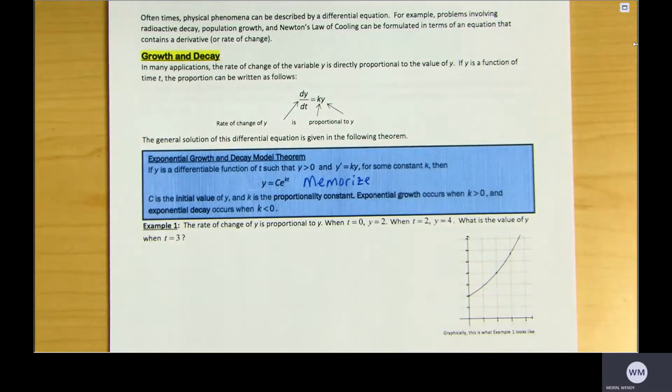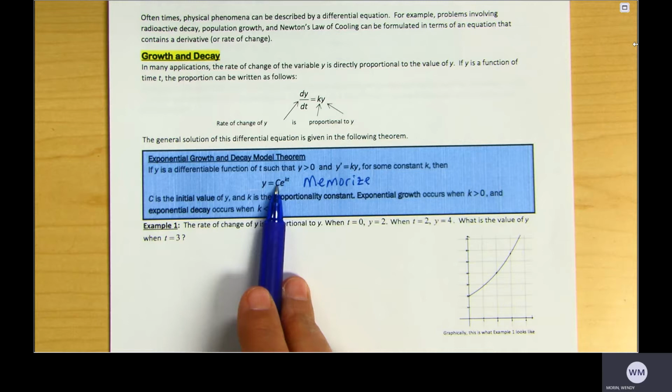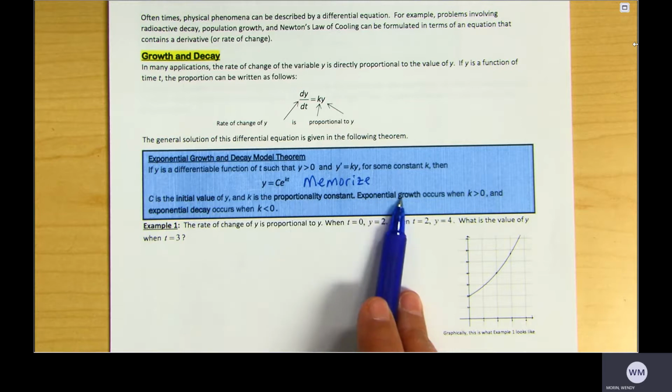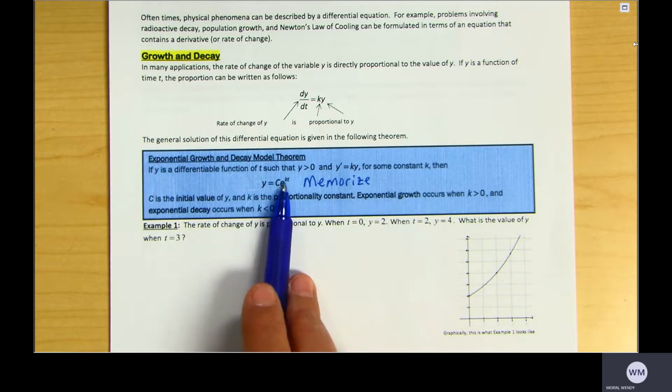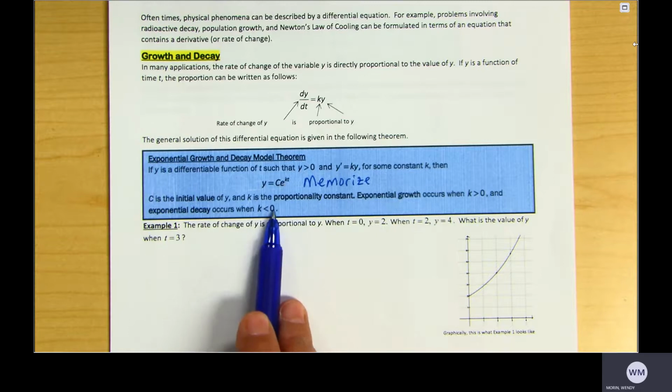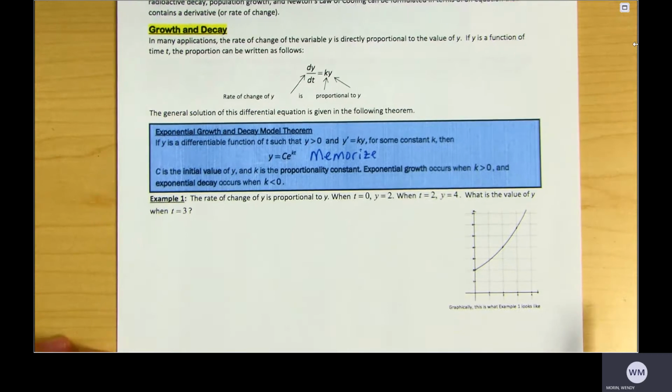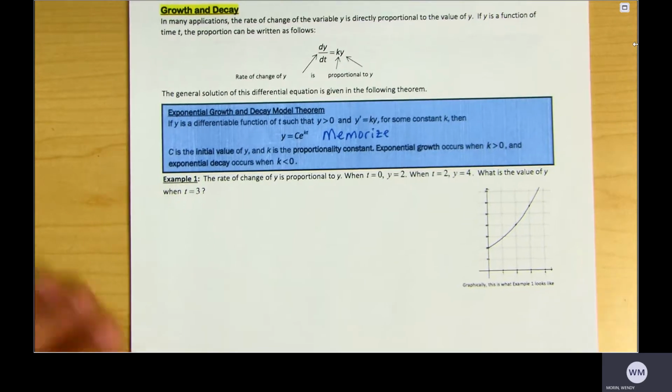So C is your initial value, and K is the proportionality constant. Exponential growth is when your K is positive and decay is when your K is negative. So just memorize this, and these problems are a piece of cake. And there's not a ton of them, so let's just take a look.